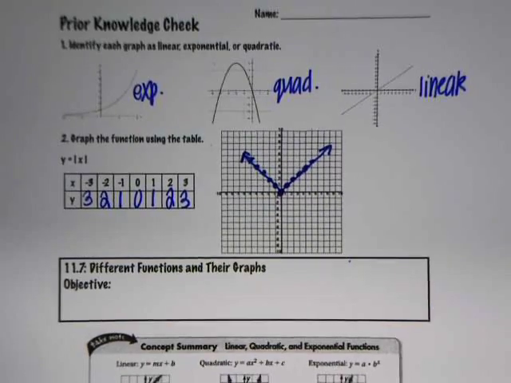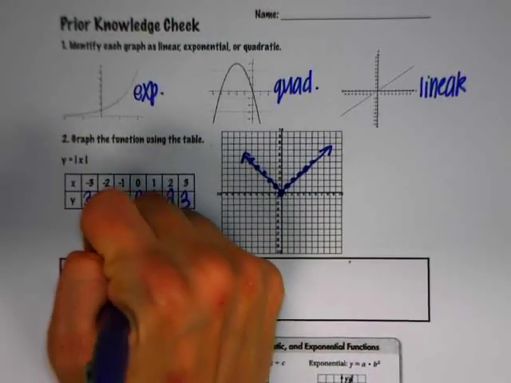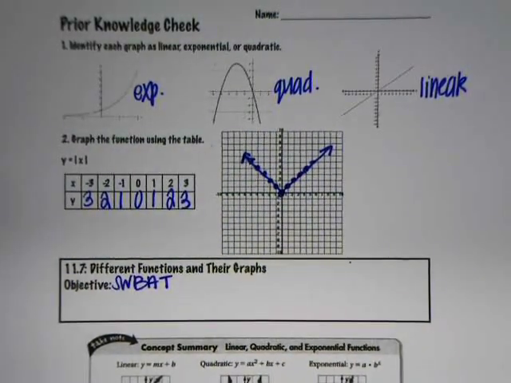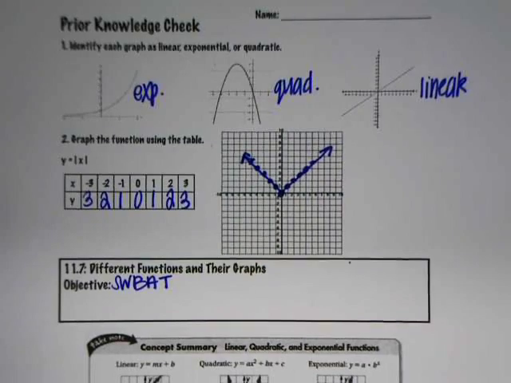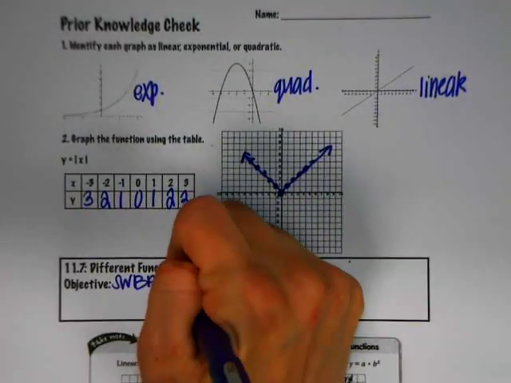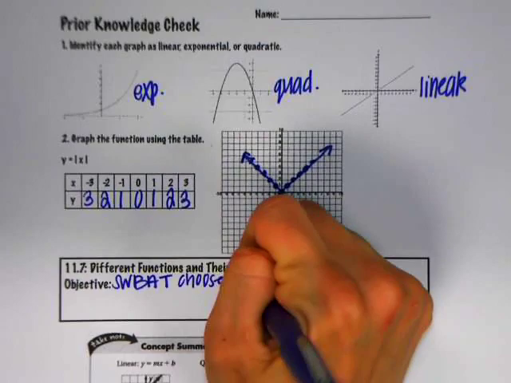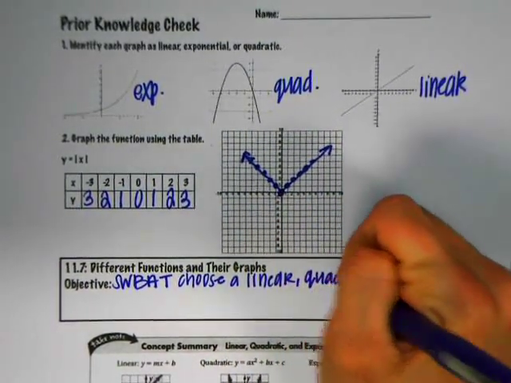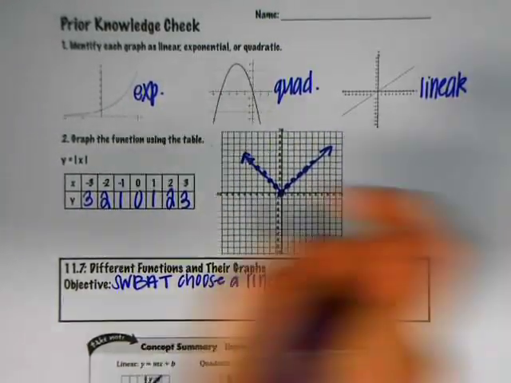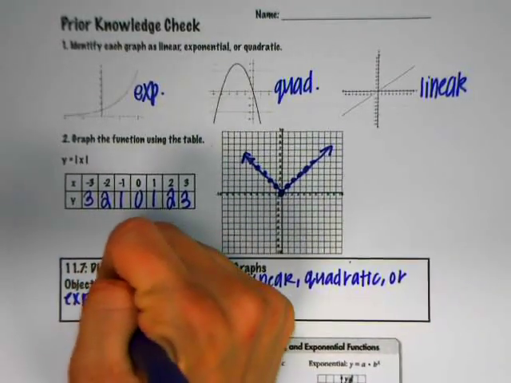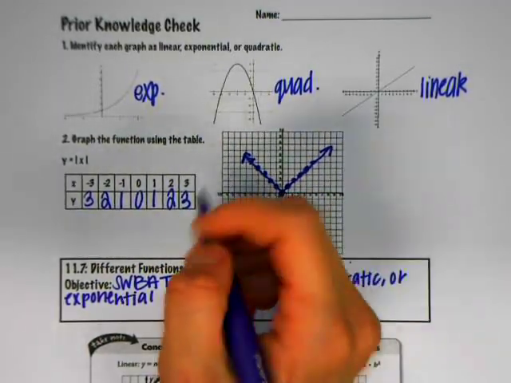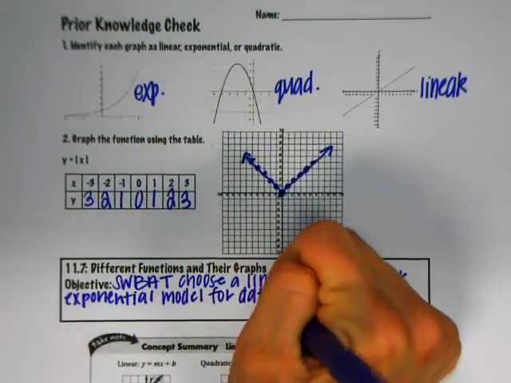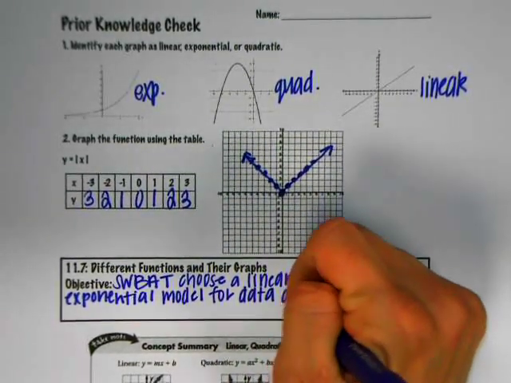So your objective is students will be able to choose a linear, quadratic, or exponential model for data and graph absolute value functions.